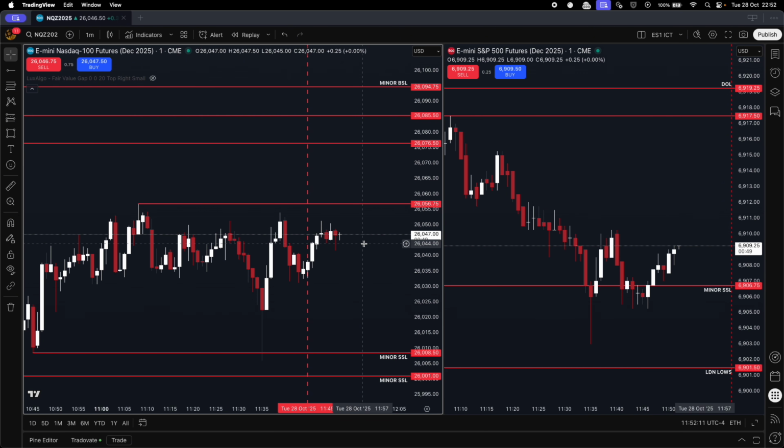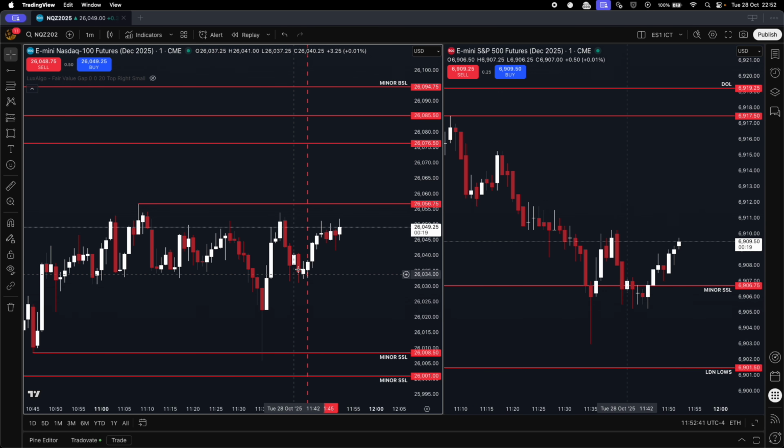Someone said 1146 as an entry. Well, there's no shift in market structure. We shifted on ES, but there's no shift on NQ. And this is very much more an accumulation period rather than price distributing.